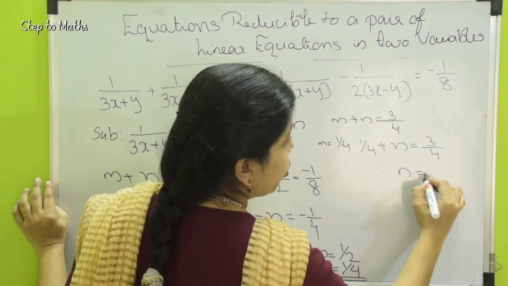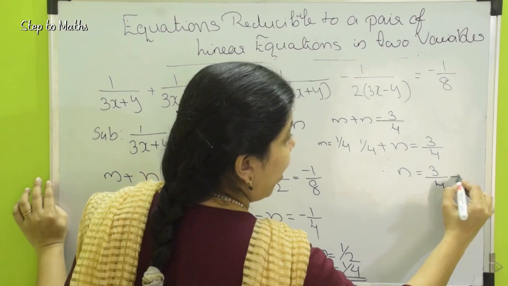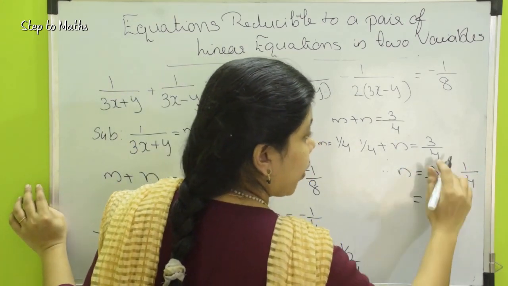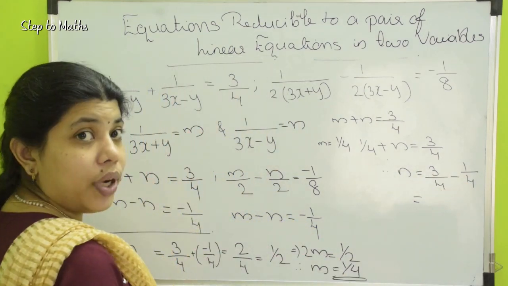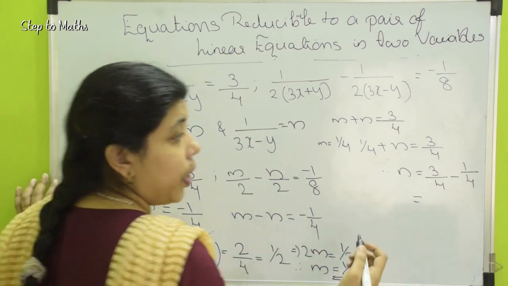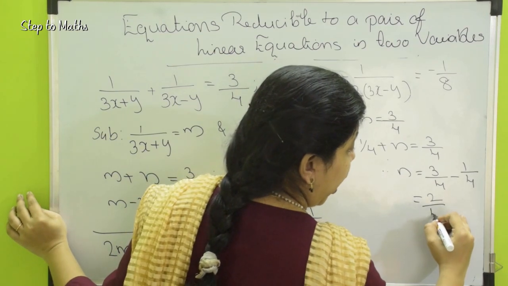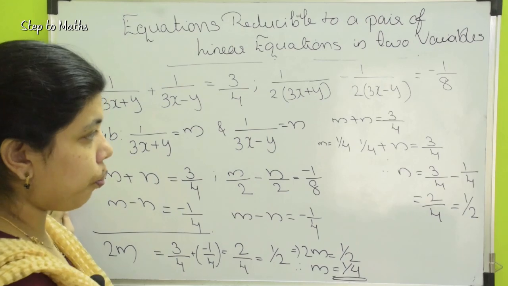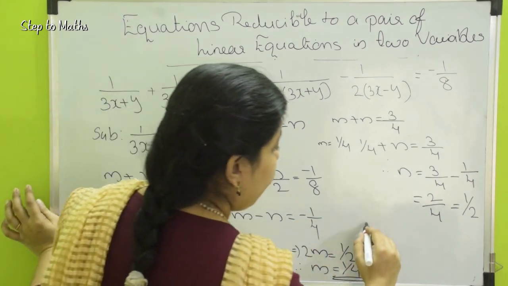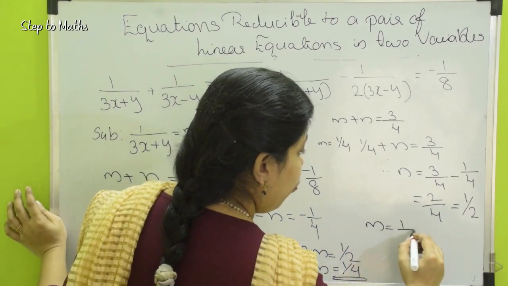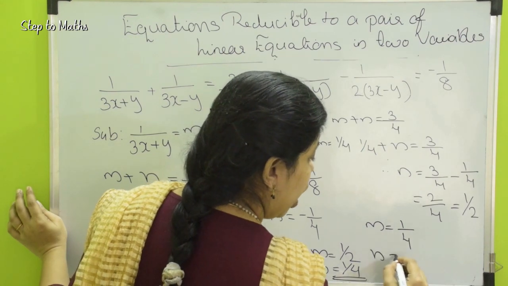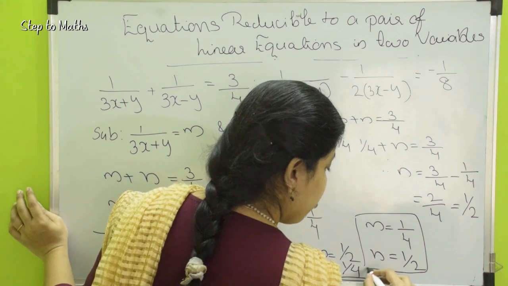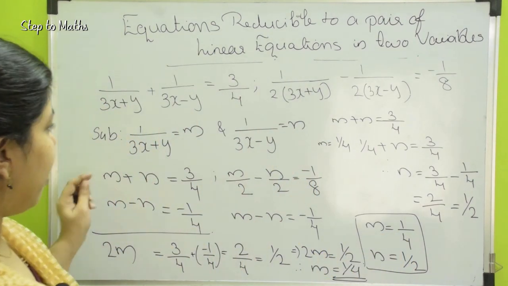Therefore, n is equal to 3 upon 4 minus 1 upon 4, which is 3 minus 1, 3 minus 1 is 2, 2 upon 4 equal to 1 upon 2. The value of m is equal to 1 upon 4 and n is equal to 1 upon 2. We get the values of variables m and n.